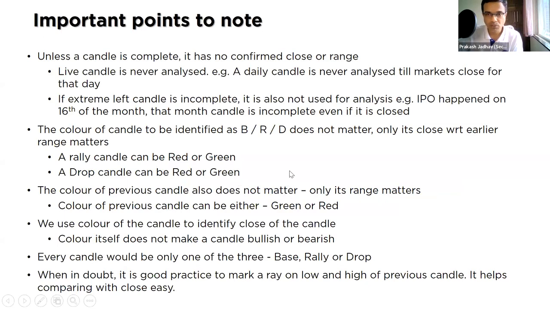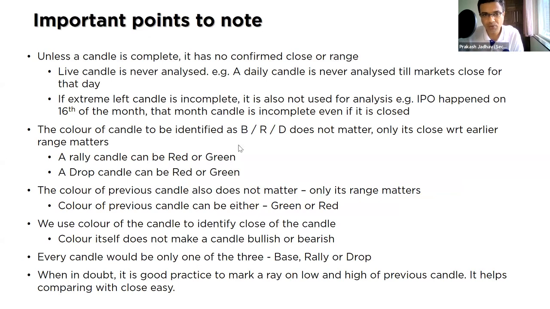Now, some important points to note: unless a candle is a complete candle, it has no confirmed close or range. So a candle needs to get completed before we call it a rally, drop, or a base. If it is a live candle, you cannot consider it as a rally, base, or a drop.